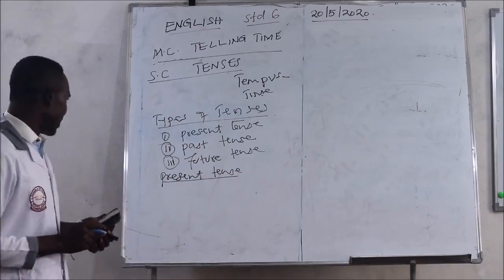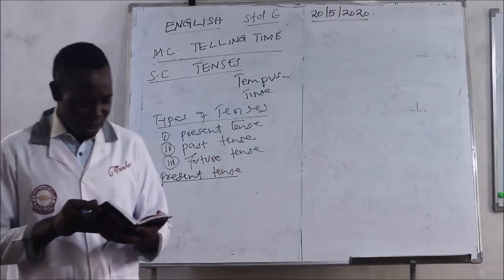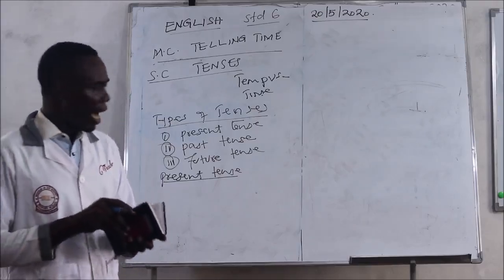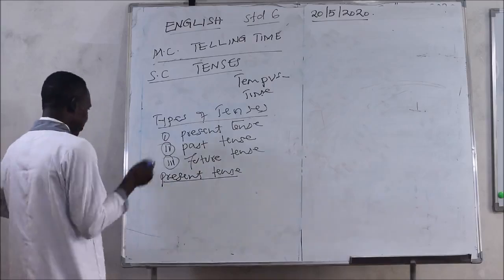So when we talk about present tense, what do we talk about? Present tense is a verb that indicates present time.